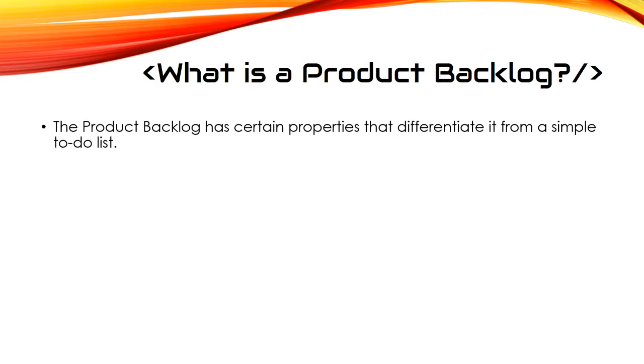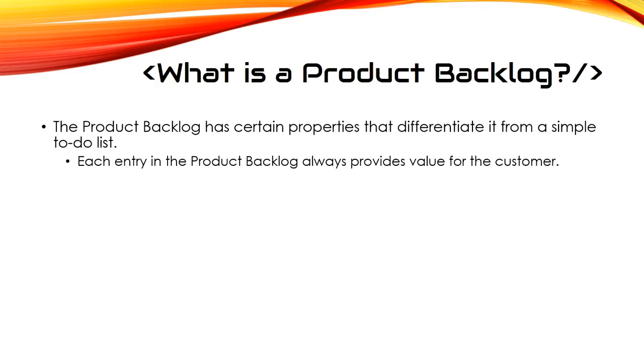The product backlog has certain properties that differentiate it from a simple to-do list. Each entry in the product backlog always provides value for the customer. The product backlog is a living document, which means that it's constantly changing, being added to, being removed from, and so forth.